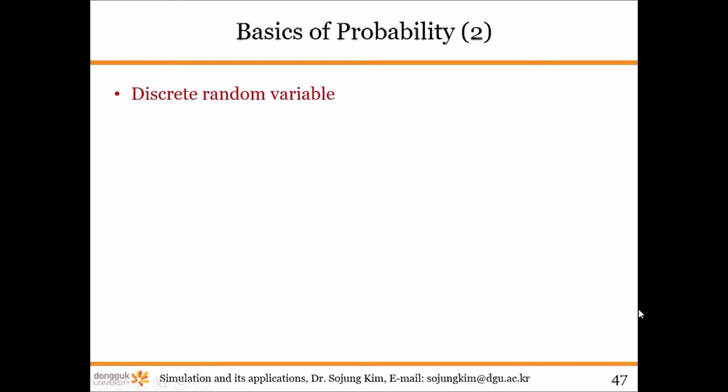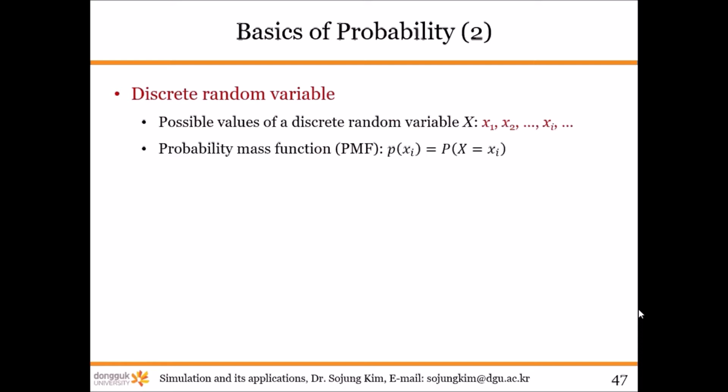There are 2 types of random variables. The first one is the discrete random variable, and the next one is the continuous random variable. And usually a discrete random variable takes certain values, for example integers, like x1, x2, xi, and so on. We use a probability mass function to describe the discrete random variable, as you know.